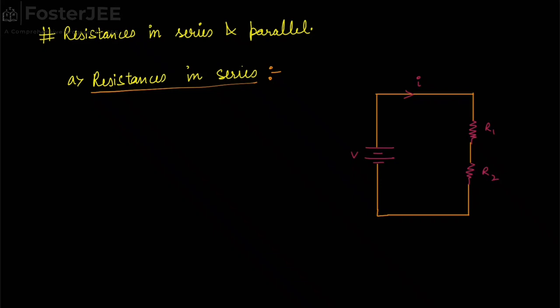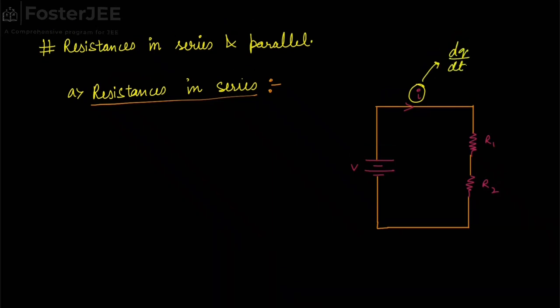We will compare resistance in series and parallel and see how they differ. But for now, we can see if this current I is flowing through this battery, then this current has to travel through both the resistances. Now, this current can't be destroyed because what is current? Current is the charge per unit time.